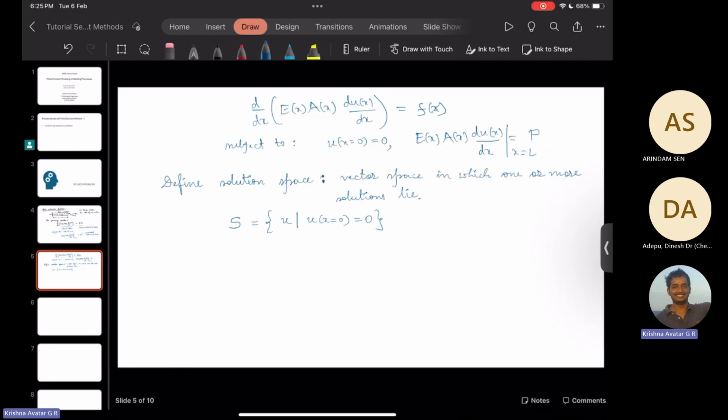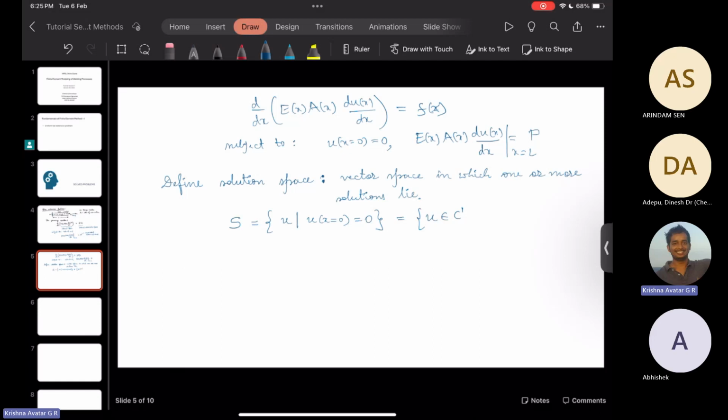Let us make it more mathematically rigorous. We'll say U is a member of the space whose at least first derivative must be continuous. So U is an element of C1 defined over 0 to L, such that U at x equal to 0 is 0.